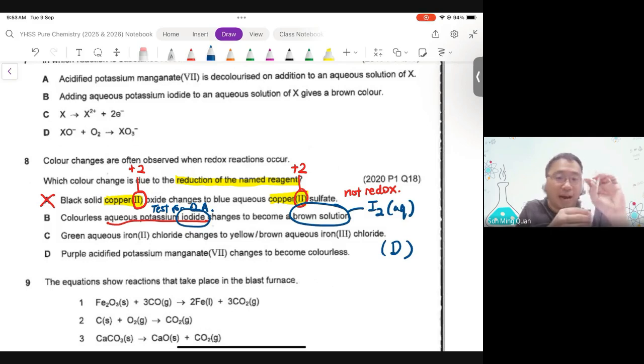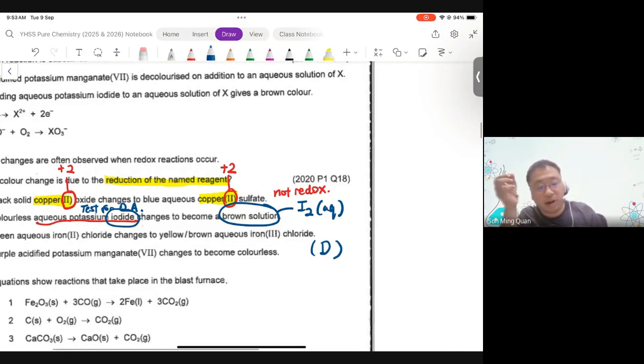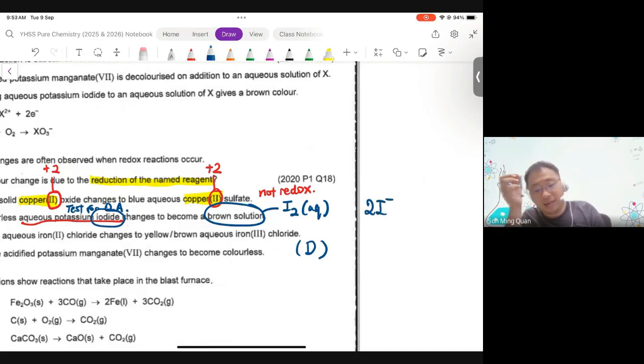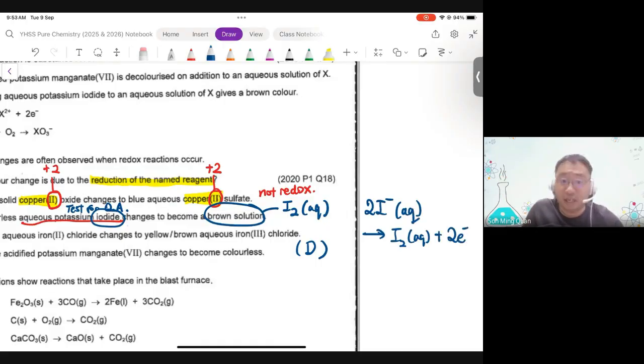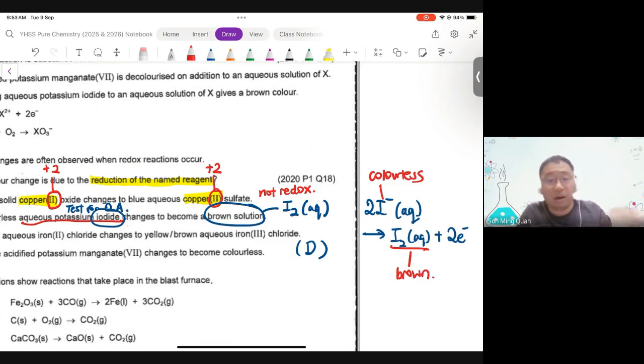So if potassium iodide changes from colorless to brown, this is because the potassium iodide has been oxidized to iodine. Now this is oxidation because it literally went from I minus to iodine. This is the half equation, right? I minus became I2. I minus itself is colorless. I2 itself is brown, dark brown actually.